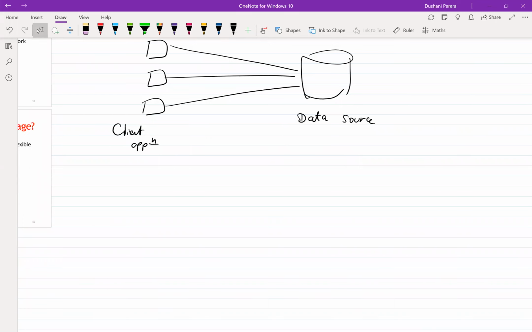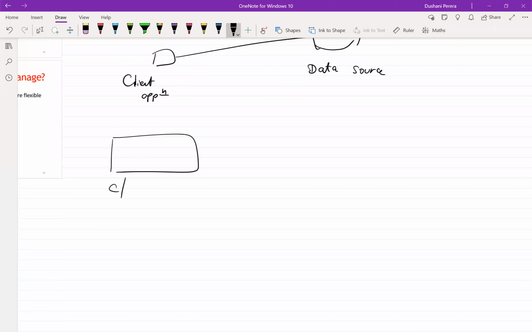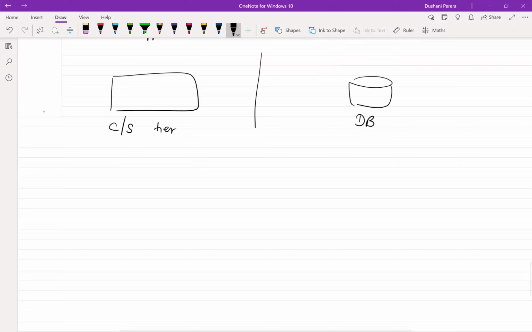So here what happens is, in the three-tier structure, in between the two tiers that we discussed before, you have an additional layer which is called the business logic. So you have the client server tier here, and then you will have your database. In between these two, you have something called the business logic tier.